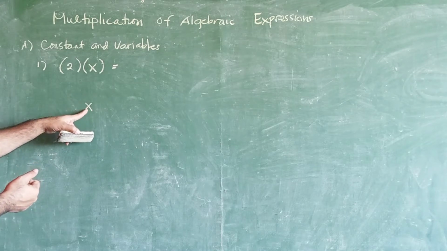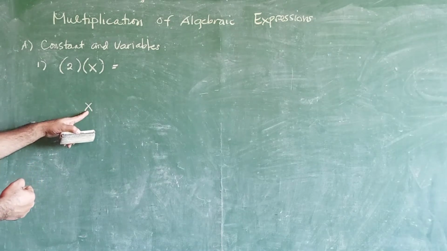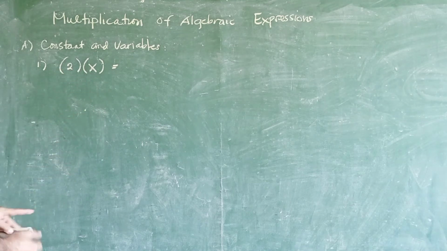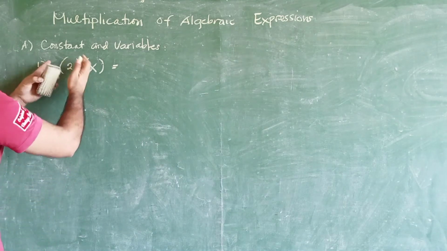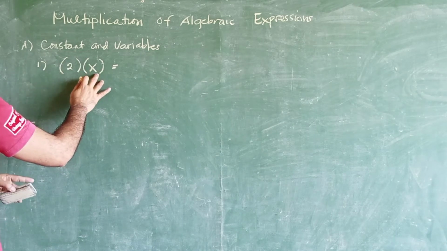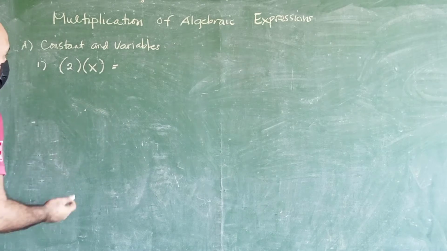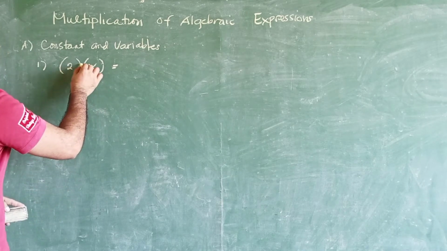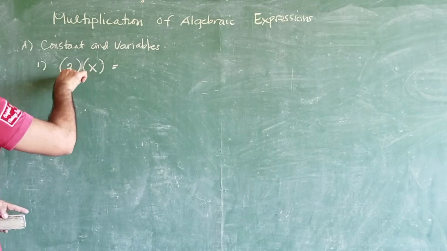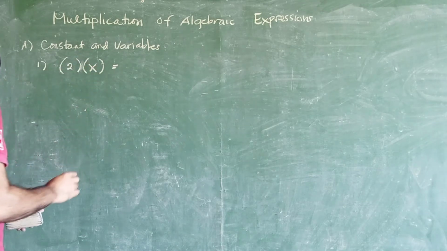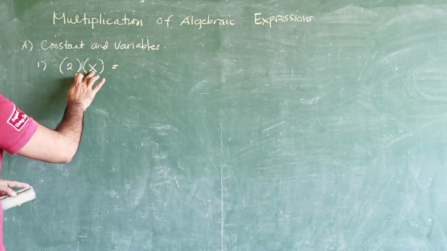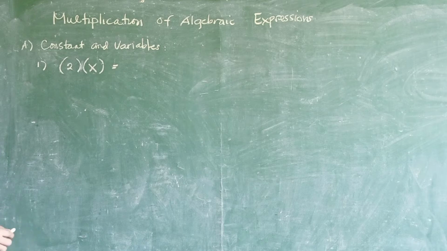Instead of using the letter x as multiplication, we will use the parenthesis as a symbol. If it is parenthesis, between these two parentheses the operation is already multiplication. So there is no need to put x here, because the parentheses themselves tell you that the operation between positive 2 and x is multiplication.